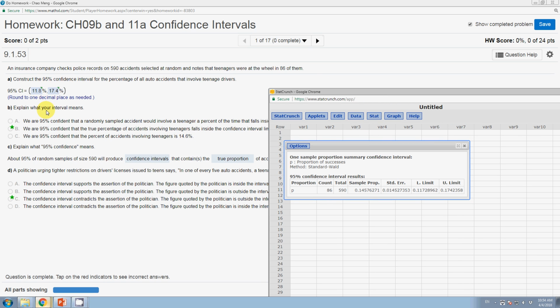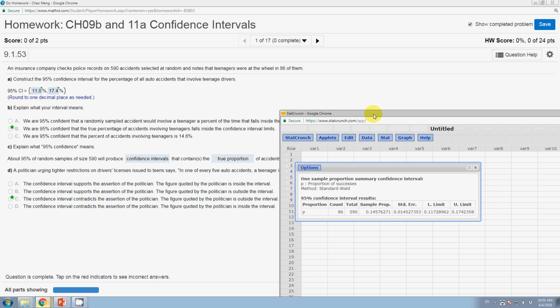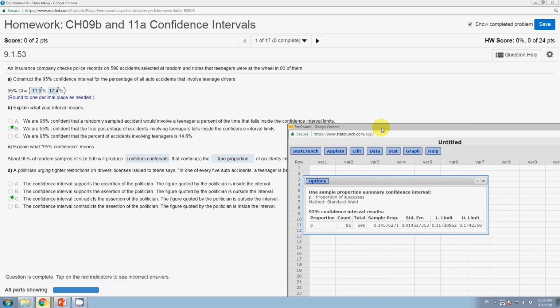Then what does the confidence interval mean? We already discussed a confidence interval has three things. One is the confidence level, so you have to mention the confidence level. That's 95%. The second one is the population parameter. In this case, we are talking about the population proportion.